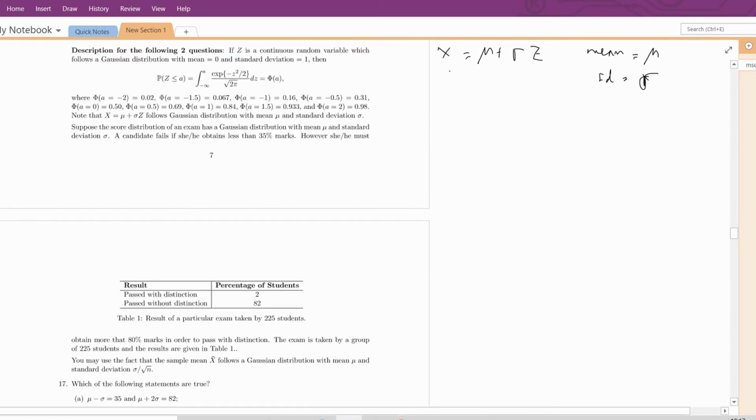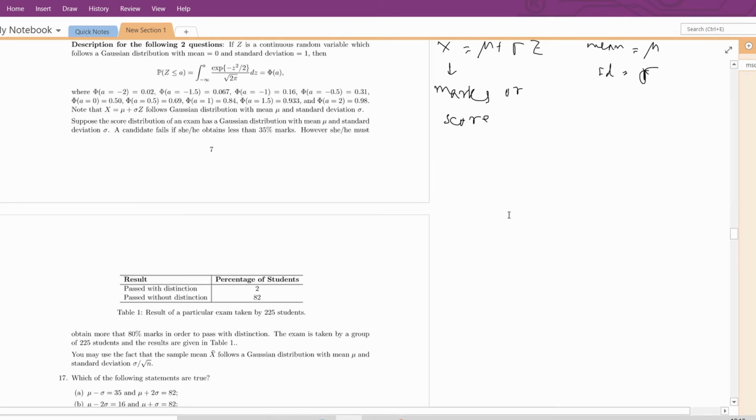X follows the Gaussian distribution. And suppose this X here indicates the marks, the score of the students in the examination. The distribution of score is Gaussian. Now, it is given that if the score is more than 80%, then the student passed with distinction.